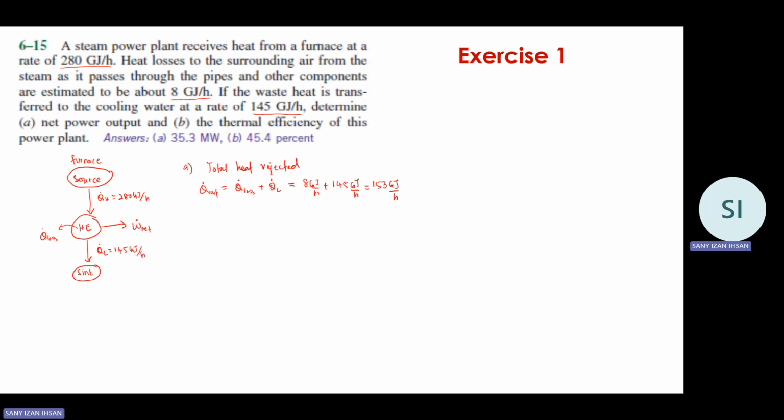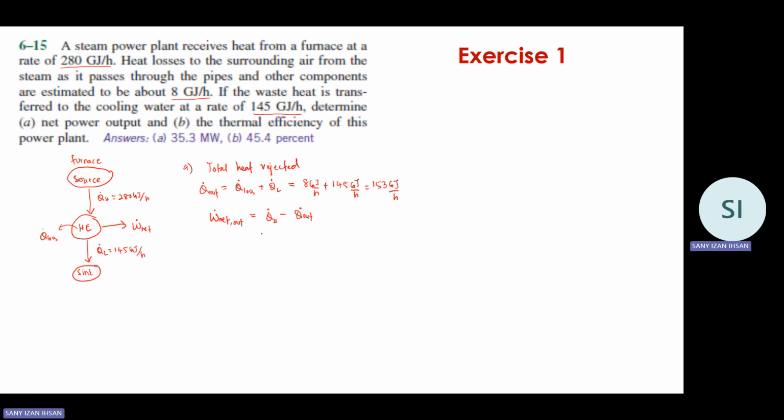And from there, I think we can put the energy balance relation, and we can get the net work out. In this case, you can specify out just to emphasize, but we know the convention is net work. In this case, the heat engine work is going out, and we also have heat going out due to the loss, or Q out. So it is nothing but QH dot minus all the heat out from the system, so Q out.